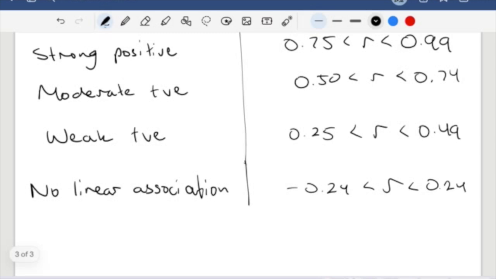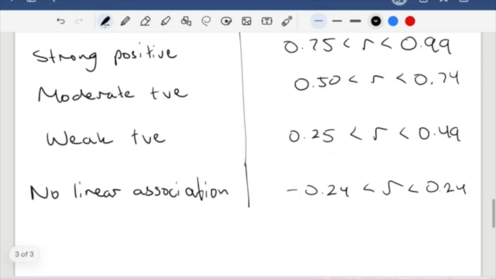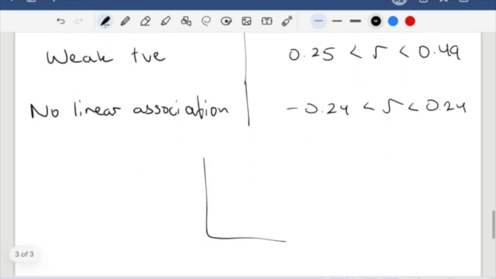Now, what that means is that when we get into the negative associations, because remember we can have a positive or negative, all these values are really close to 0. 0 is basically going to just be a complete scatter with no association or correlation whatsoever. That was that example I did at the end of last video where I had these dots all the way all over the place. There's no rhyme or reason to them. This would have an R value of 0, for example.